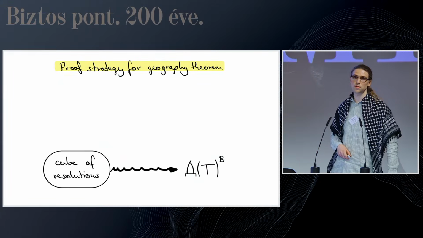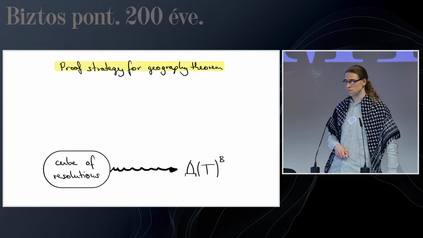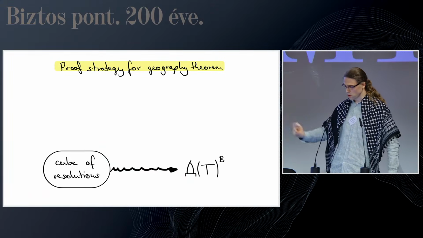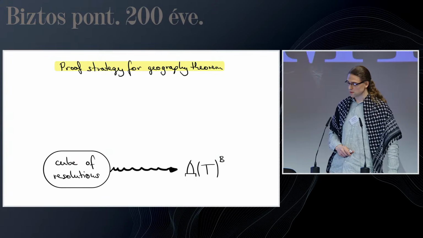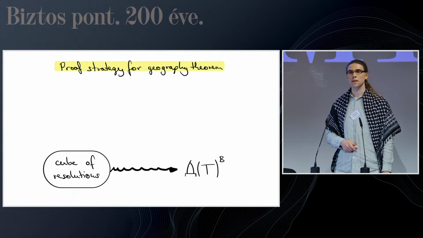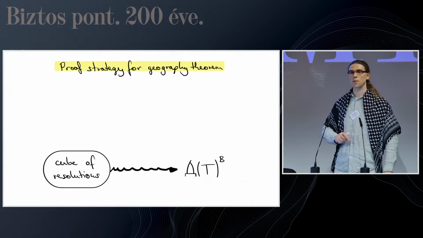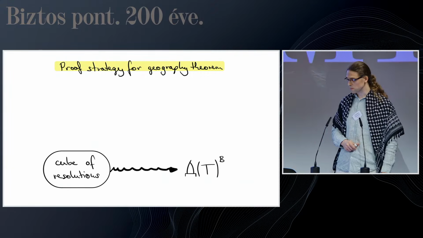So the proof strategy of this geography result that says components of the Khovanov immersed curve invariant are classified by their type, slope, and length. It goes as follows. Well, down there we have the construction that I talked about earlier. So we start with a cube of resolutions. We end with this chain complex over this Bar-Natan algebra.